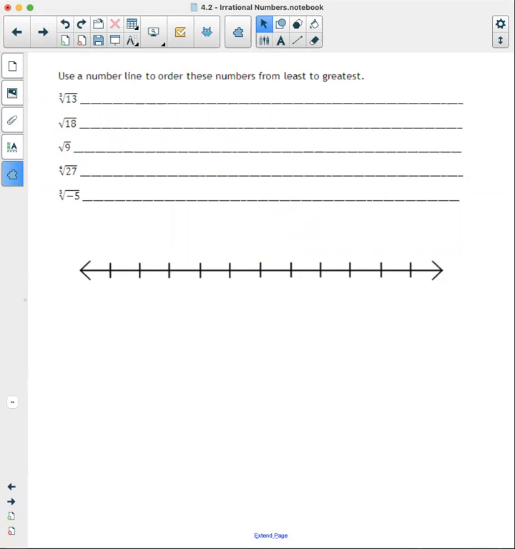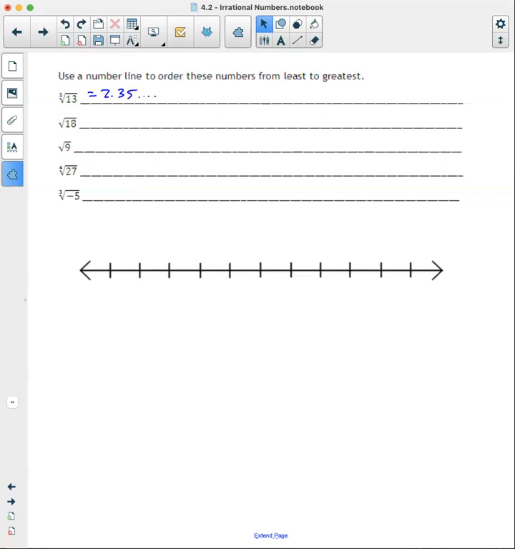Instead of comparing apples and oranges and bananas, let's just compare apples. So let's see what all of these values are. So we enter the cube root of 13 into our calculator. We have 2.35 and a bunch of decimals.